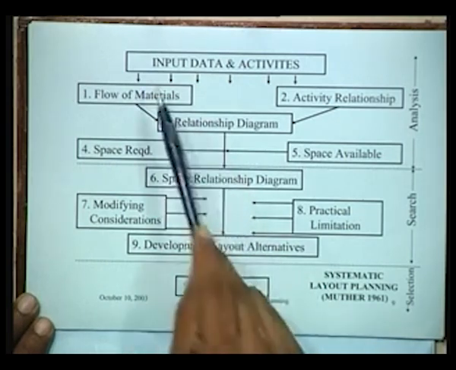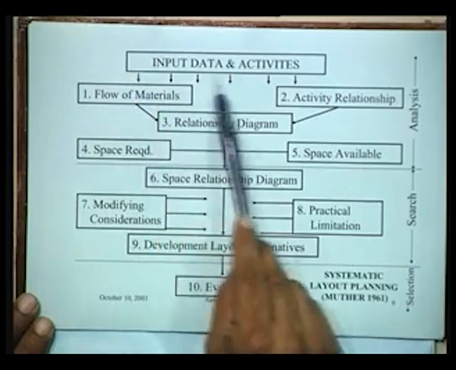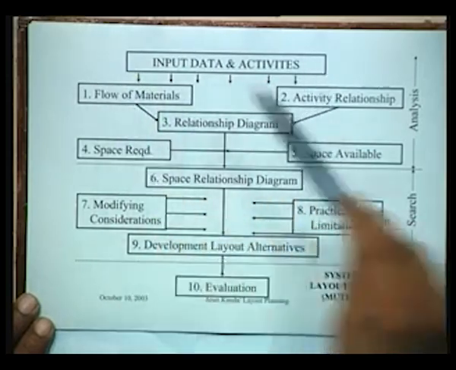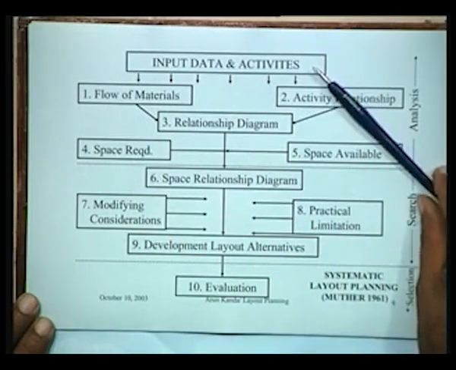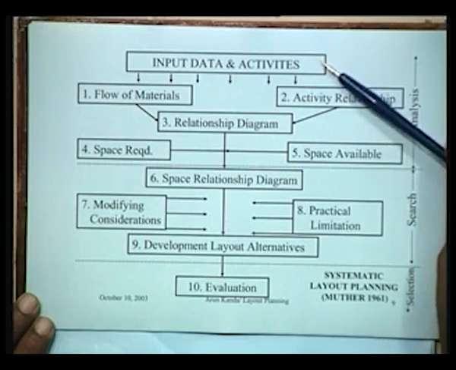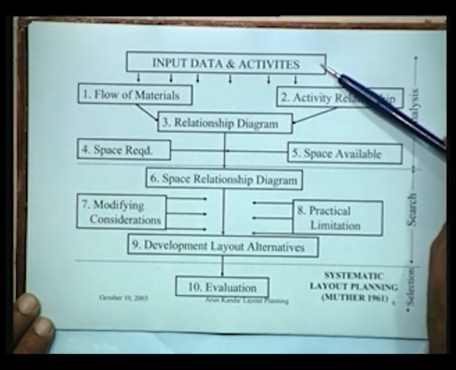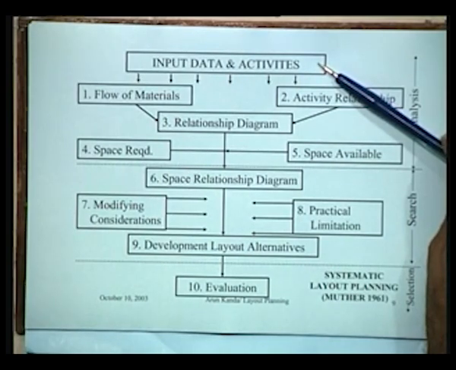For instance, the first thing that is required is to input data and activities. Now what is the kind of data or activities that you have to input for this particular problem? There are three kinds of data that you need to input: the product data, the process data, and the schedule data. We talked about this.